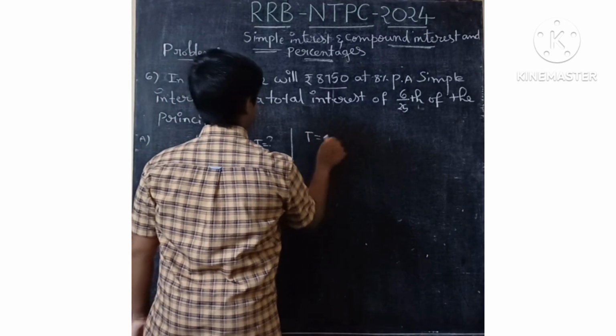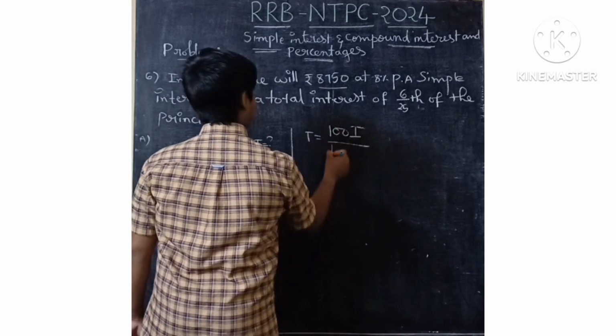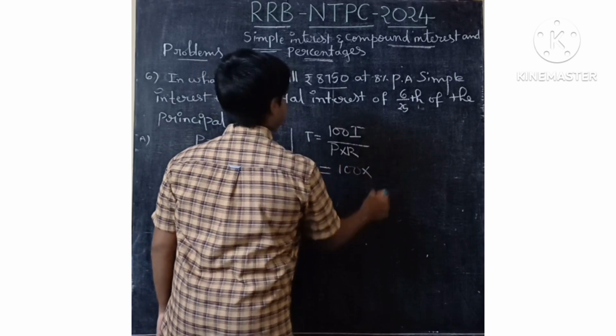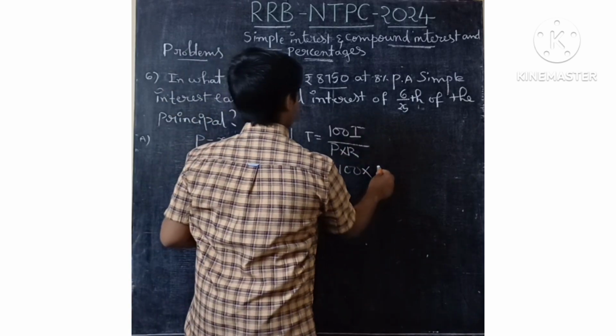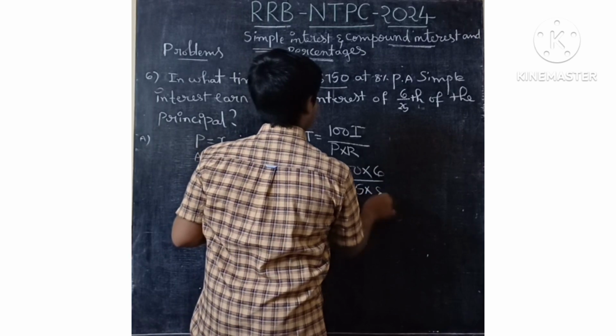So time is equal to 100 I by P into R. So 100 into I means 8.